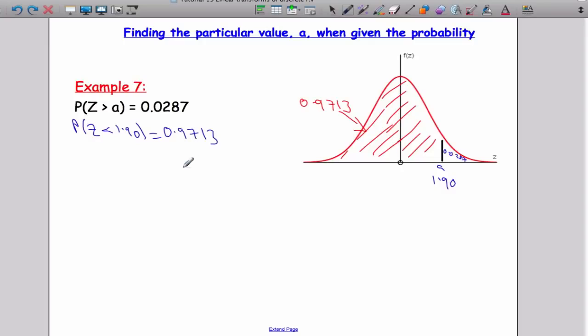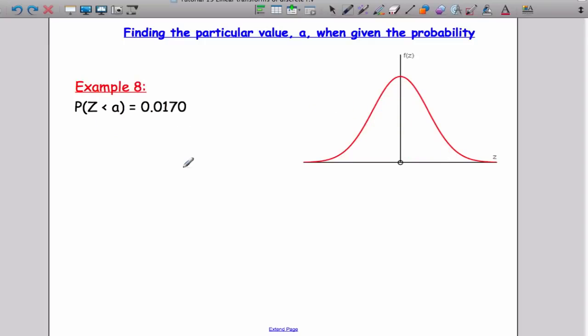Okay, let's have a look at the next question. Example 8, what about the probability that Z is less than A equals 0.0170? So I'm told that the probability here is less than 1%.